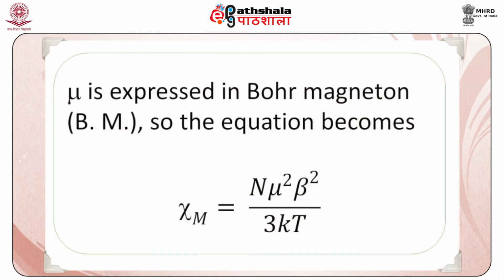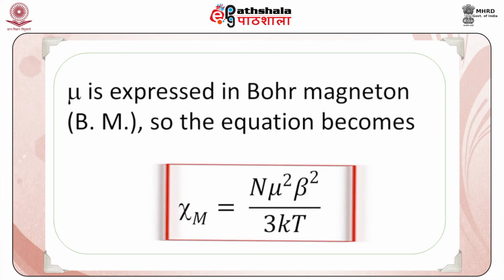μ is expressed in EMU in the previous equation, but more popularly, μ is expressed in Bohr magneton, BM. So the equation becomes χm = Nμ²β²/3kT.